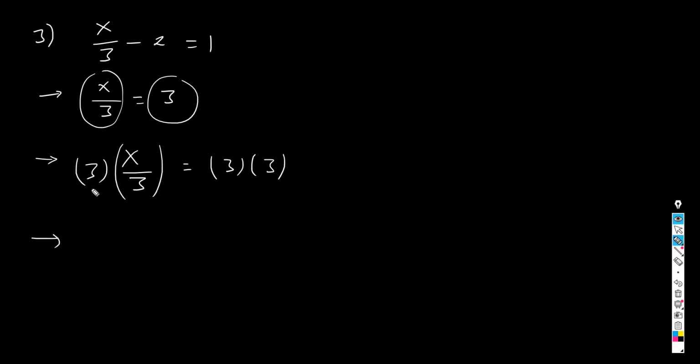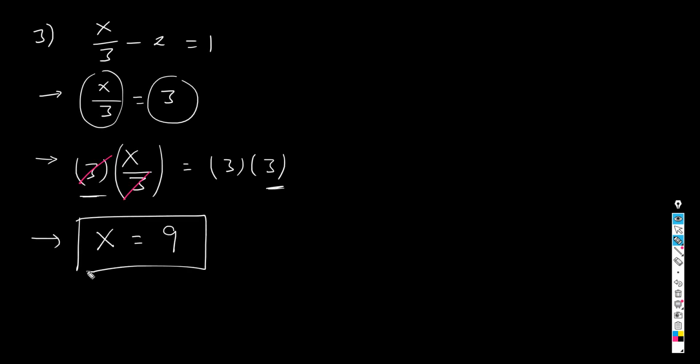Now, why did I decide to multiply both sides by 3? Because I know that if I do that, this 3 will take away this 3. You see? And by doing so, all I'm going to be left with in the left side is the number x. x equals 3 times 3, 9.